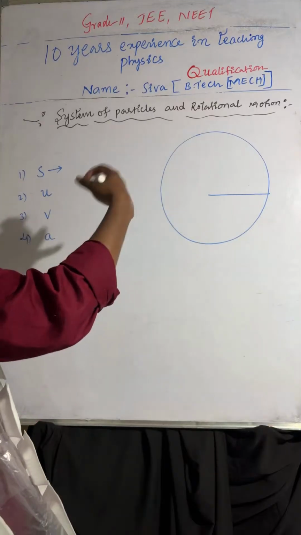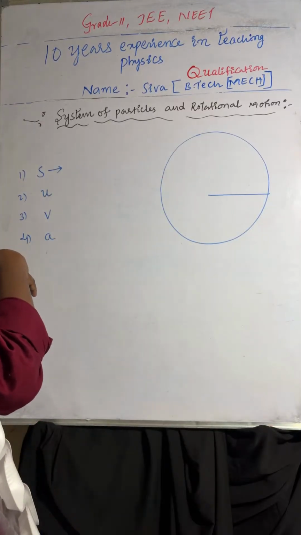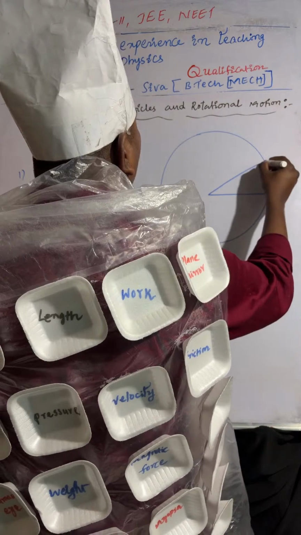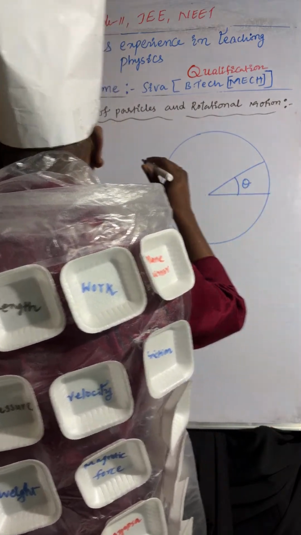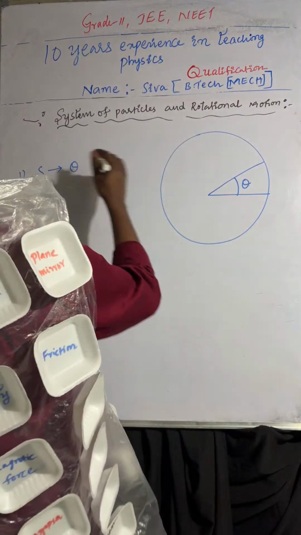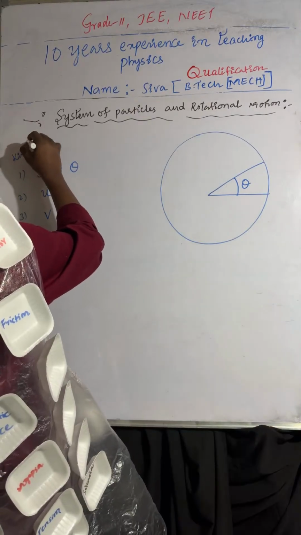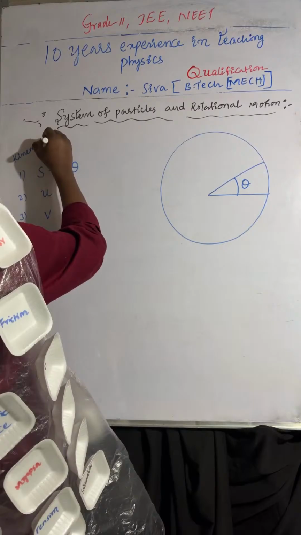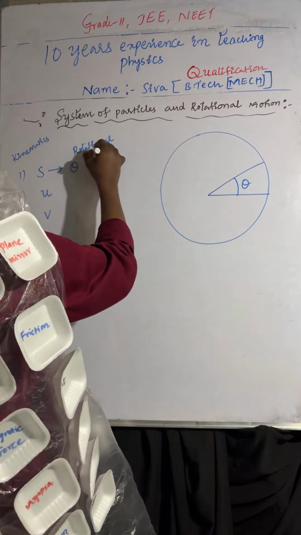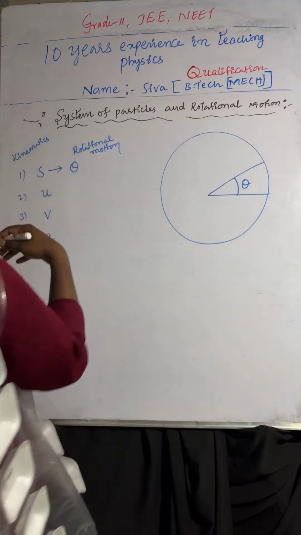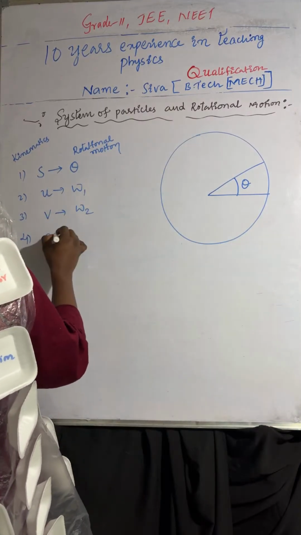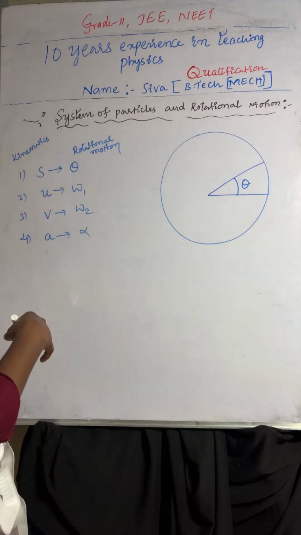When it comes to rotational motion, you can observe the angular quantities: angular displacement theta, initial velocity omega 1, final velocity omega 2, and acceleration alpha. This is the kinematics of linear motion and rotational motion.